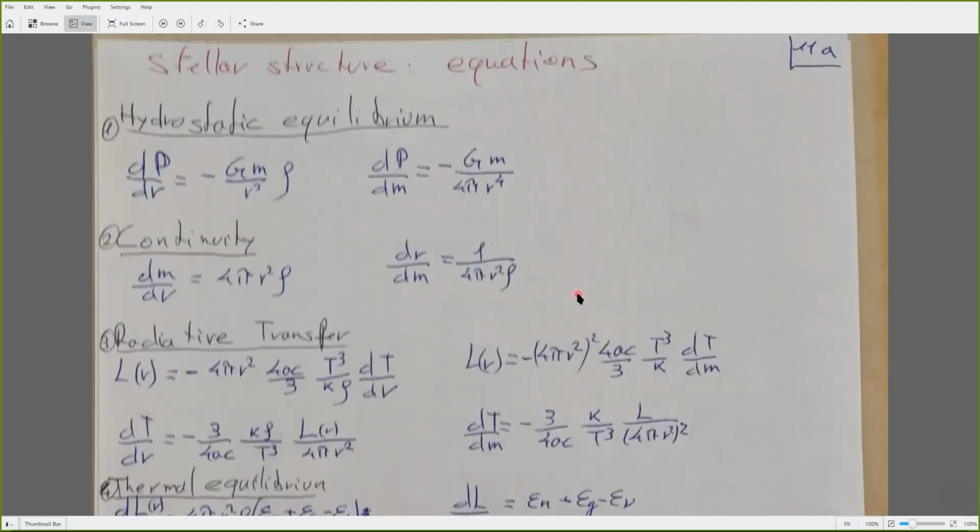Now, so essentially all that we need to describe the star.